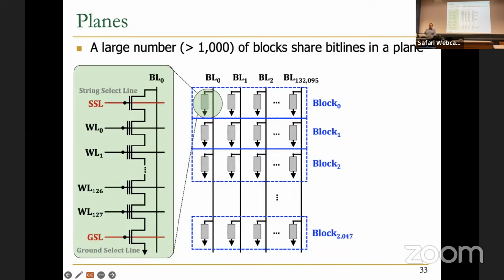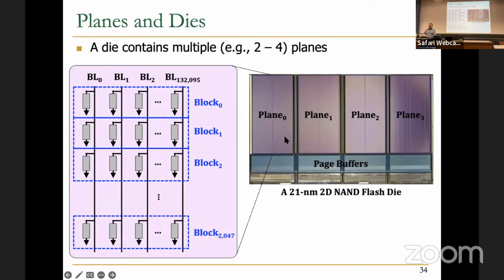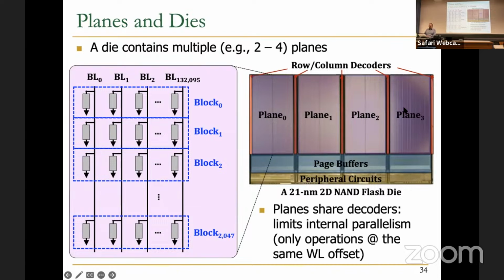And that's the definition of a plane. And in a flash die, we usually have multiple planes. These planes share row and column decoders. That's why you can do parallel operations across planes, as long as the offset and the operation are the same.